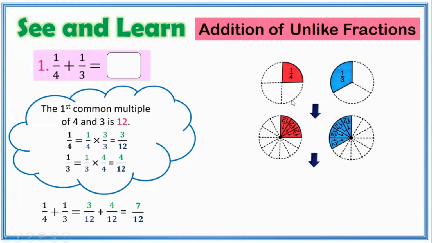And 1/4 is equal to 3 out of 12. 1/3 is equal to 4 out of 12. So all in all, we have 1, 2, 3, 4, 5, 6, 7. So 7 out of 12.